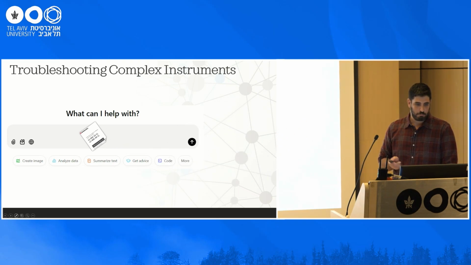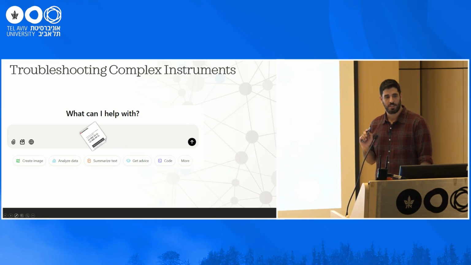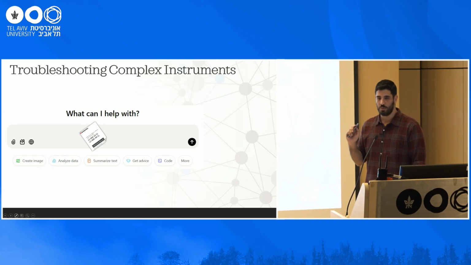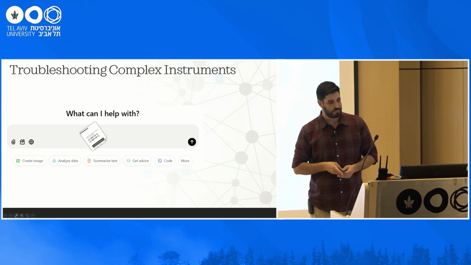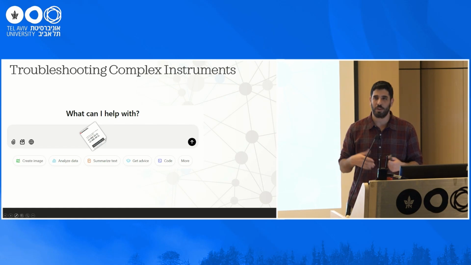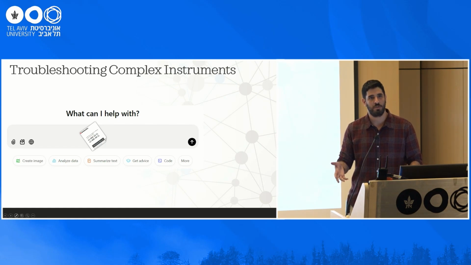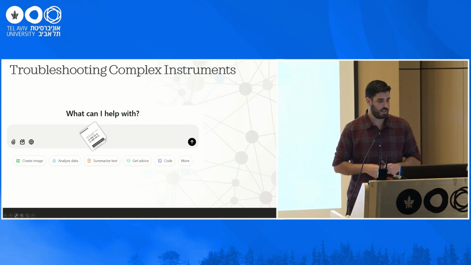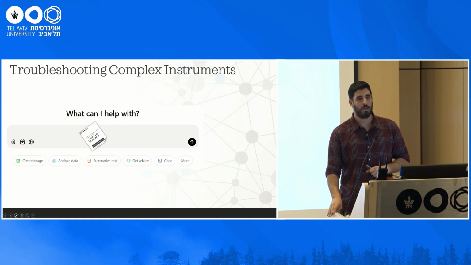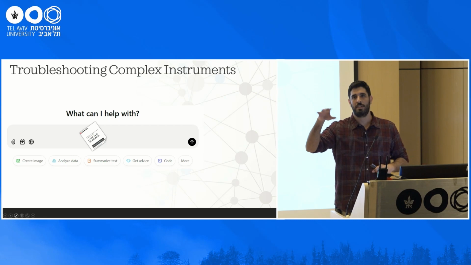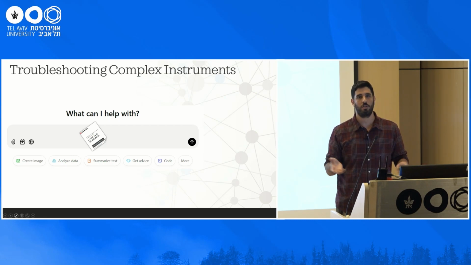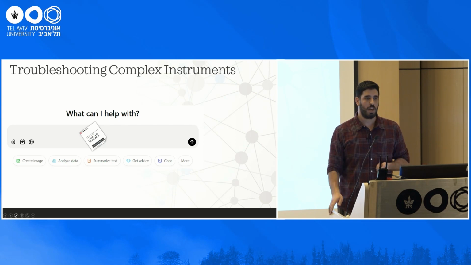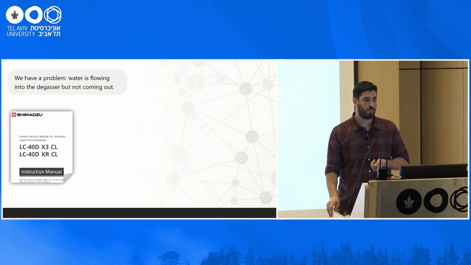Another thing is you can troubleshoot complex instruments. Sometimes you have a very complicated manual or just a new device, and this actually helped me with many instruments. Sometimes the problem is somewhere around many subsections, and you need to go all over it, or even if you use Control F and try to find the problem, you can just upload the manual and tell it what your problem is.